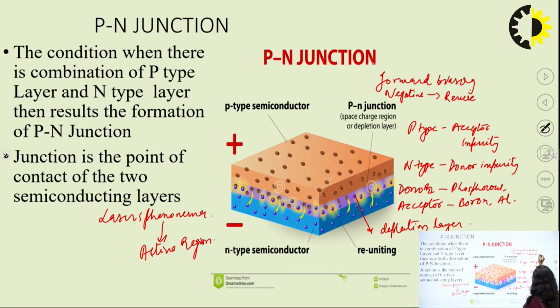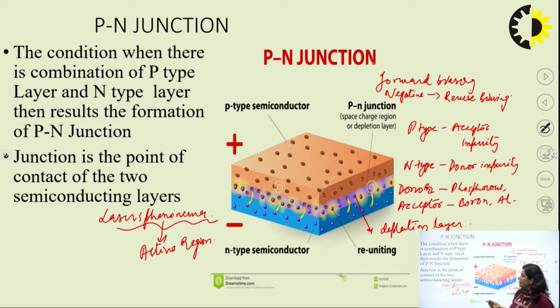We will see later how the characteristics of the PN junction come about with forward biasing and reverse biasing. A junction is defined as the point of contact of the two semiconductor layers. In the case of lasers, the junction or depletion layer is called the active region, where the electron and hole pairs are generated or recombine.